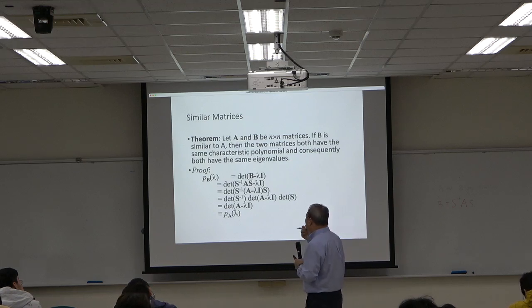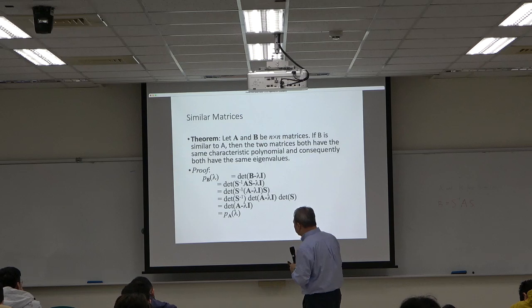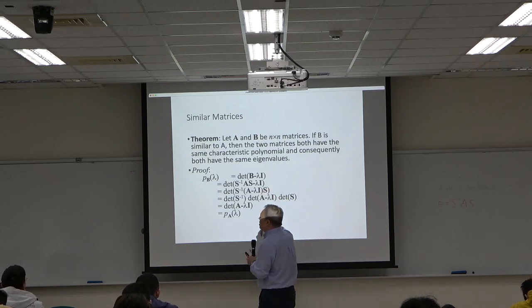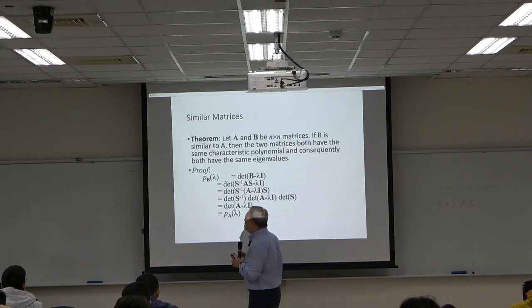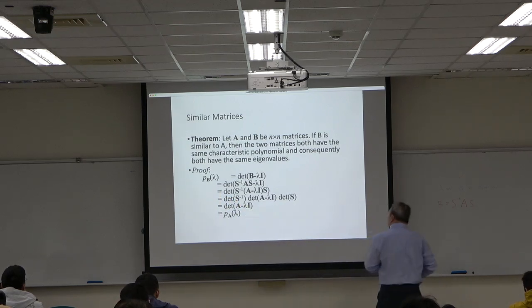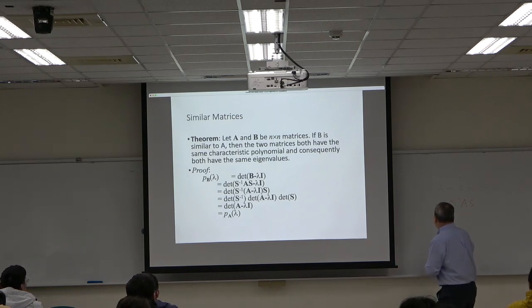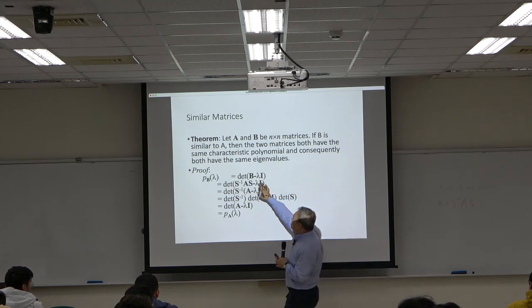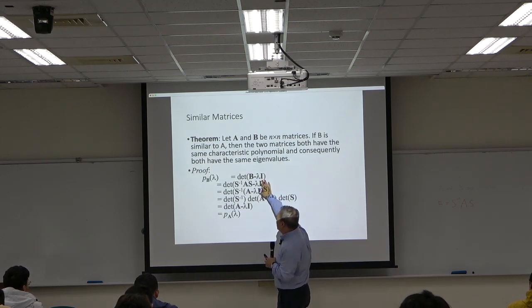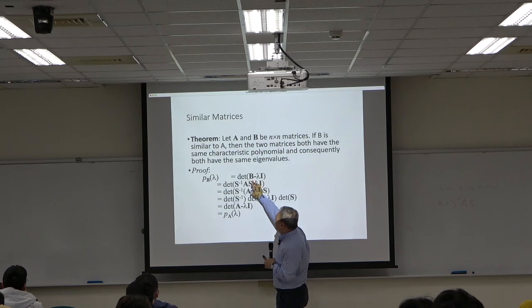Here we want to show that the characteristic polynomials of A and B are the same. So we write it: the polynomial P_B of lambda equals the determinant of B minus lambda I. And we know B equals S inverse A S, minus lambda I, right?